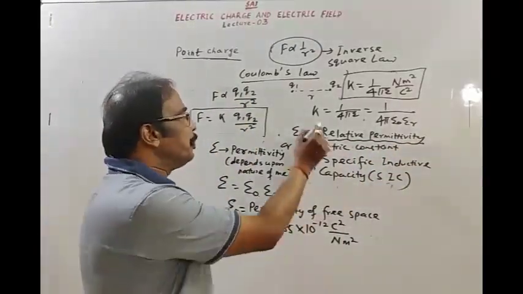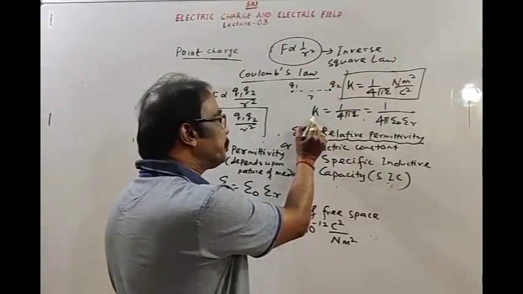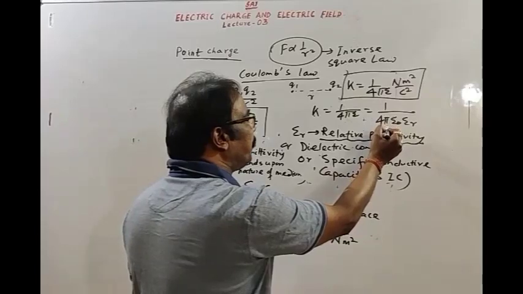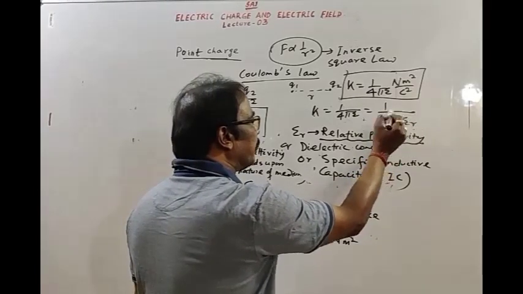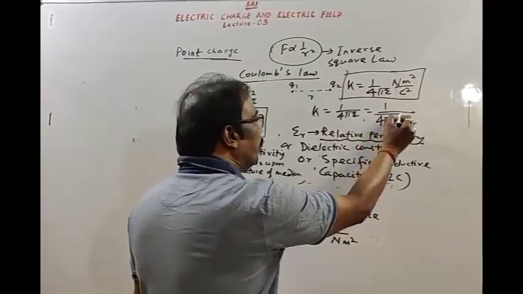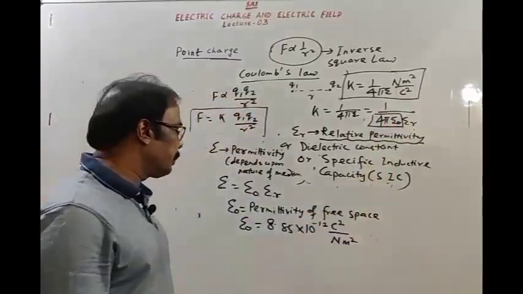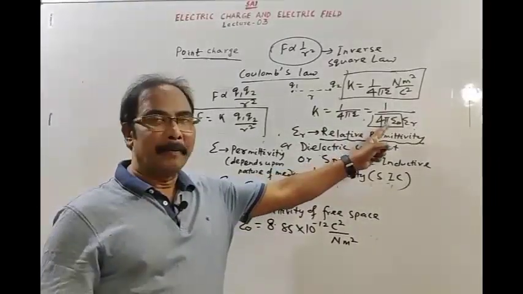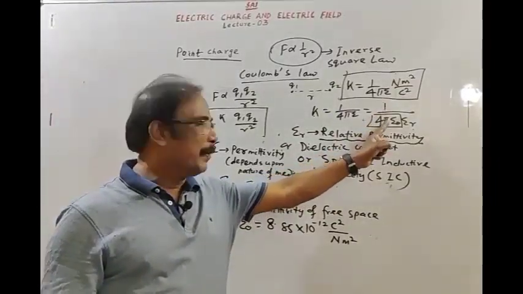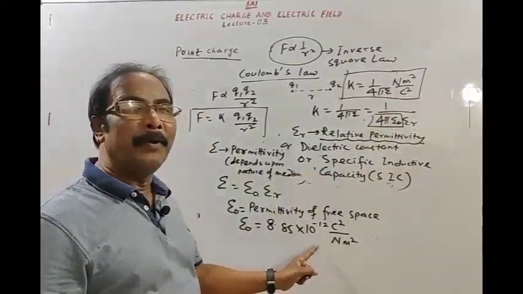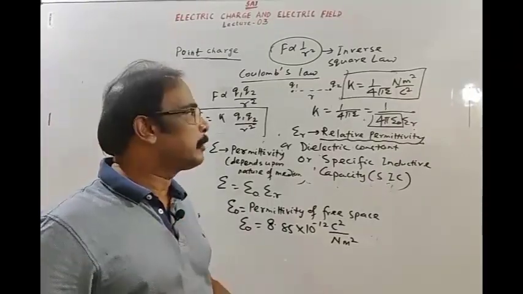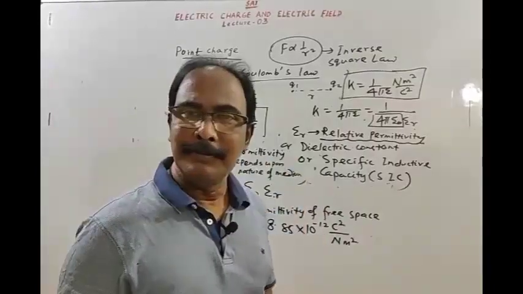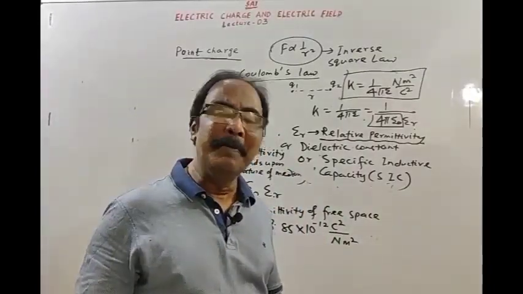See students, K is a constant which depends upon the nature of the medium. Finally, K is equal to 1 divided by 4 pi into epsilon 0 into epsilon r. Here the value of 4 pi epsilon naught is constant, since the epsilon naught value is given, and 1 by 4 pi is constant. So 1 by 4 pi epsilon 0 is constant. Then how does K depend upon the nature of medium?